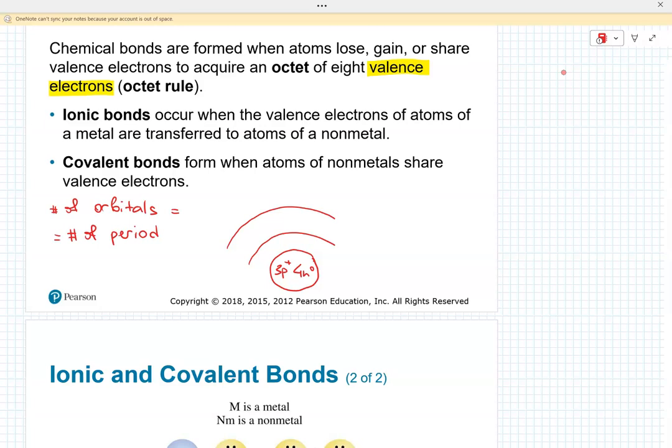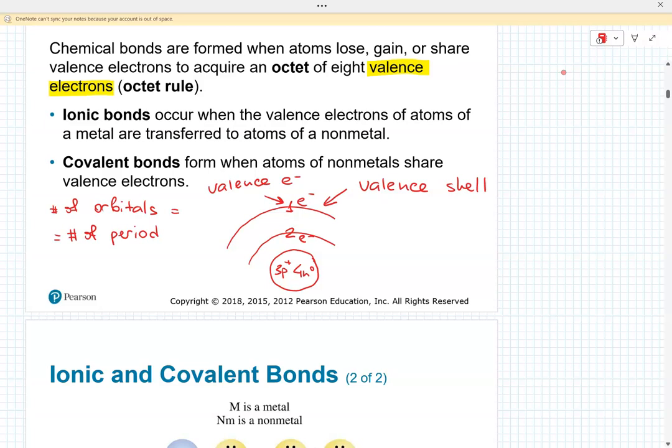So these 3 electrons are distributed over those 2 orbitals. There are 2 electrons on the first and 1 electron on the second. This outer orbital is the valence shell, and these are valence electrons. Does that make sense?